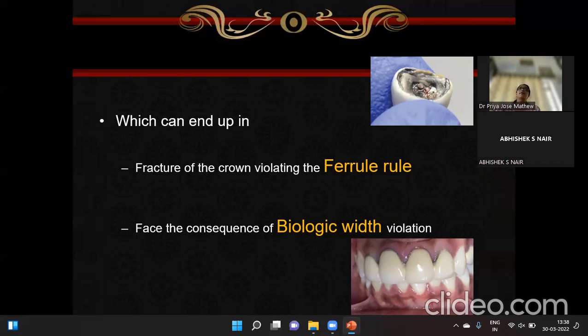We must have given a good post and core restoration and a good crown, but what happened for the failure of this restoration? The main two factors concerned with this failure are the fracture of the crown due to the violation of the ferrule rule, or the consequence of biological width.